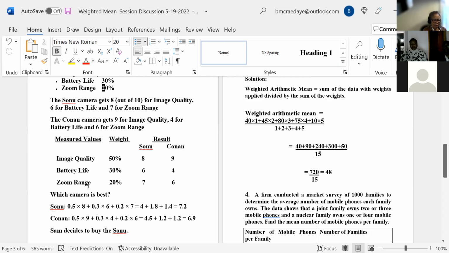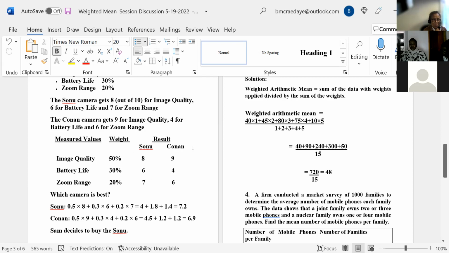Size. All right. Now you could assign some weights to those, such that they add up to 100%. Now, if you compare two televisions, you put the price for both of them, the size, the quality, and then you multiply the weight times whatever your result is here.